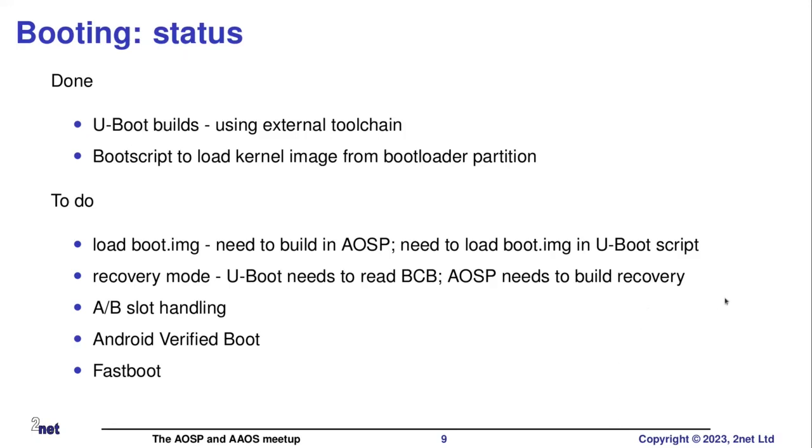Implementing recovery mode should be pretty simple. I think the A/B slot handling should be relatively straightforward as well. AVB, I haven't really thought about too much. That could be easy, it could be hard. I suspect it will be hard. Making Fastboot work should be pretty easy. So there's a bunch of stuff there, all good fun.